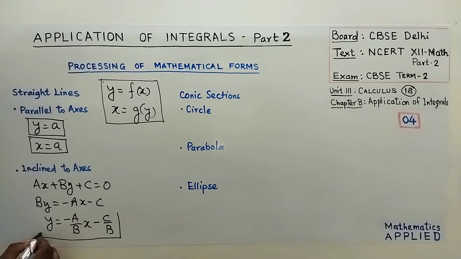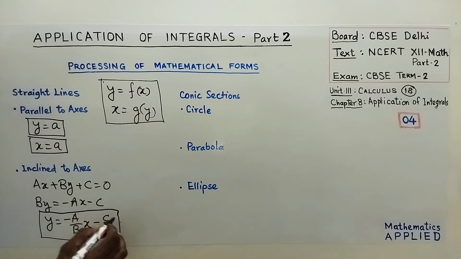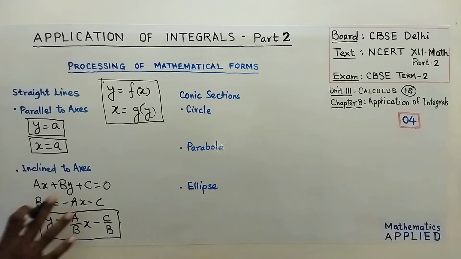This is my final product for this particular mathematical form, which I carry to part 3. You must be able to create this out of the equations that are given to you.